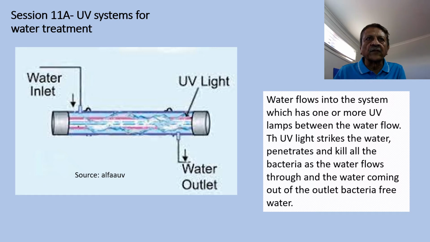During the process of passing through the lamps, the UV disinfects the water, and the infected water becomes disinfected. And you will note that the UV light must strike and penetrate and kill the bacteria as the water flows through. And for this to be effective, it is time related for the exposure.